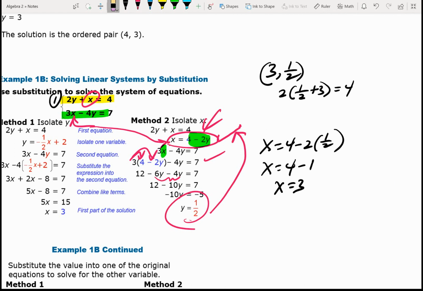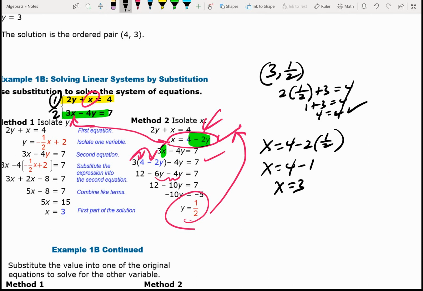I have 2 times 1/2 plus 3. 1/2 of 2 is 1, and 1 plus 3 equals 4. So 4 is equal to 4. So that checks out.